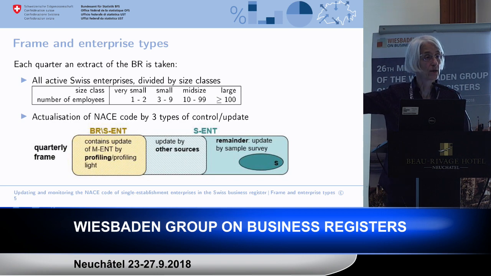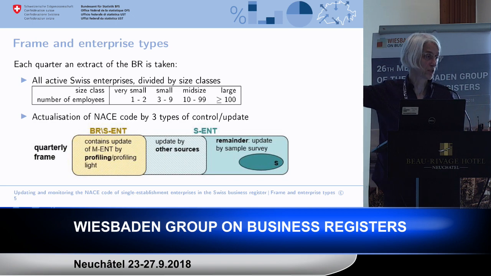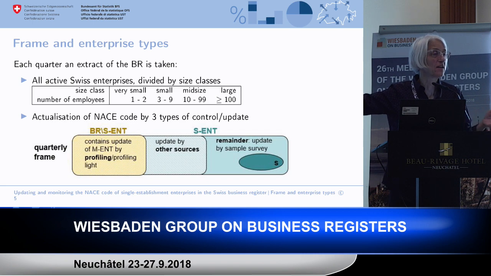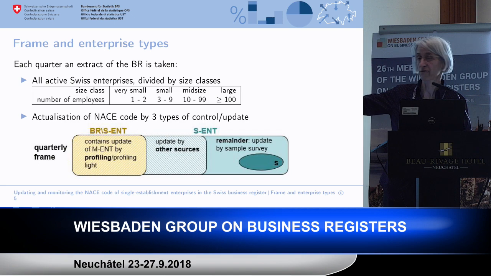For example, when we have controlled the enterprises in the right part, the next quarter it will be in the middle part, because we don't want to control it again. Or enterprises which are newly entering the commercial register, there the NACE code is controlled, so they don't have to be controlled by the sample survey.